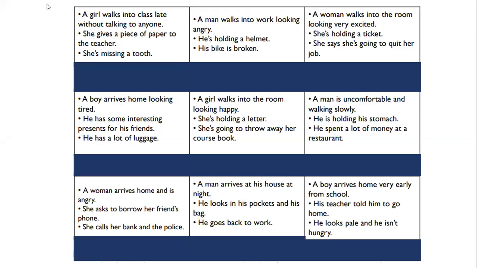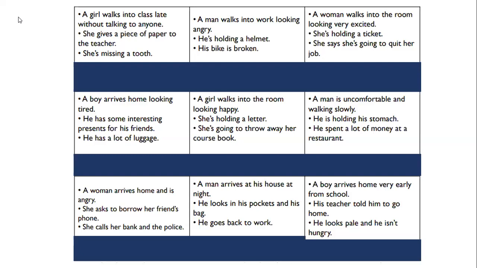My assumption or deduction is that this man walked into work looking angry because he had his bike broken, because someone crashed into his bike. Okay, very good. In my case, for the first one, I think the girl might have had an accident before the class.